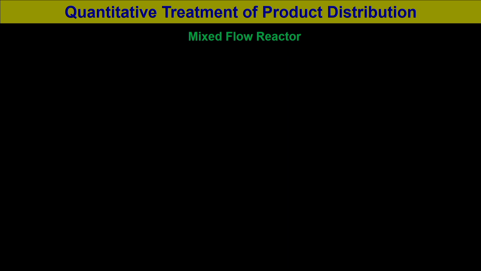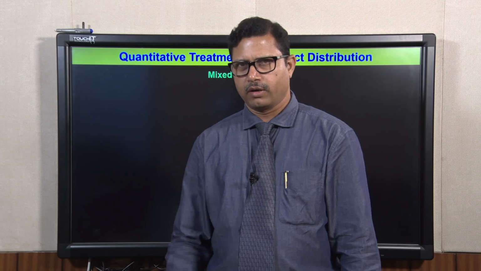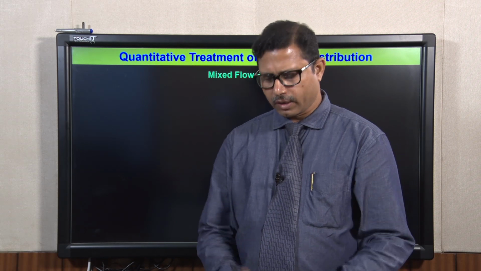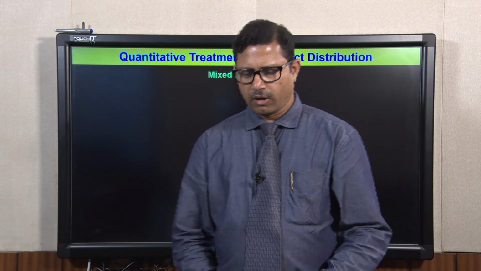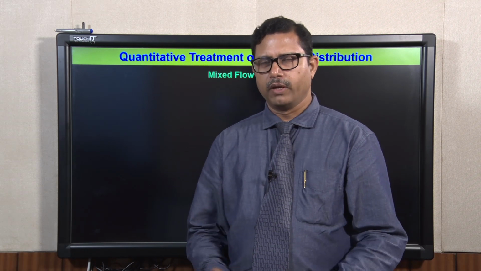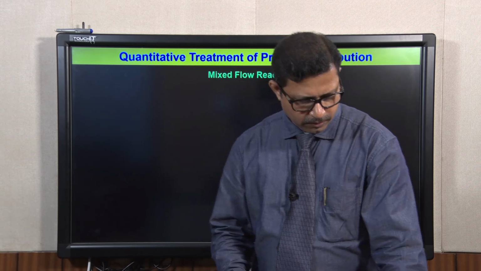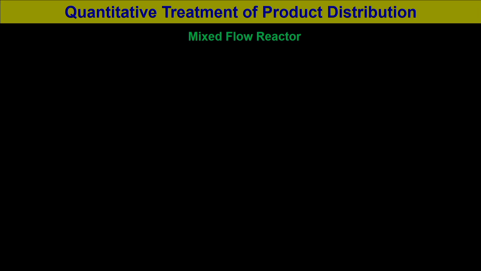Now, we have calculated the concentration profile for A and the concentration profile for R. Now, we have to find out the concentration profile for S. Either we do the material balance or we can do it by simply noting that the total concentration remains constant. So, simply at any time CA plus CR plus CS would be CA naught, which is constant.